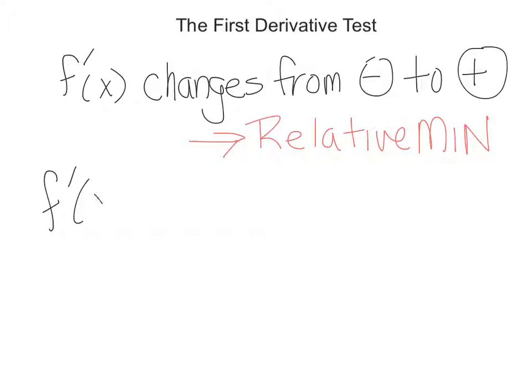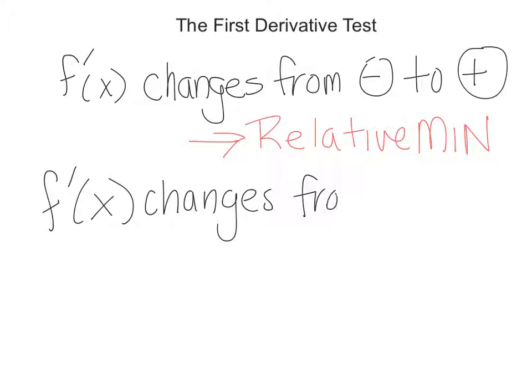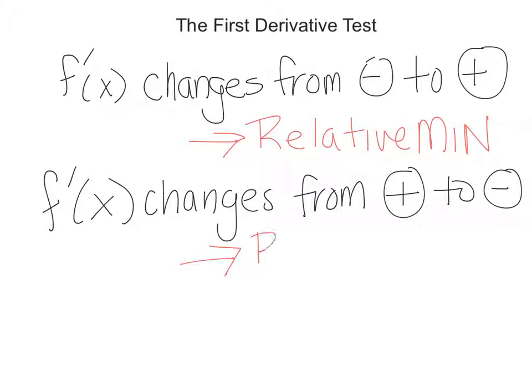If the derivative changes from positive to negative, then we have a relative maximum.